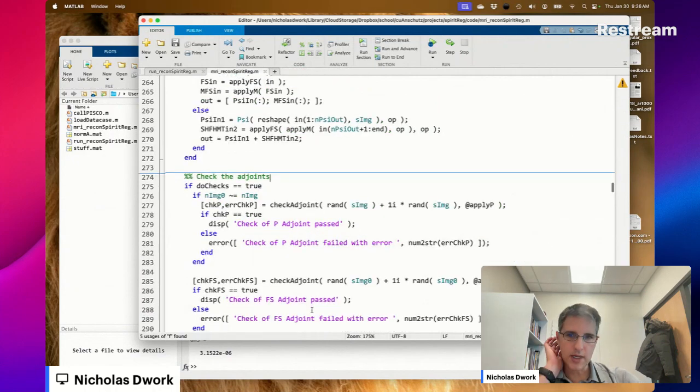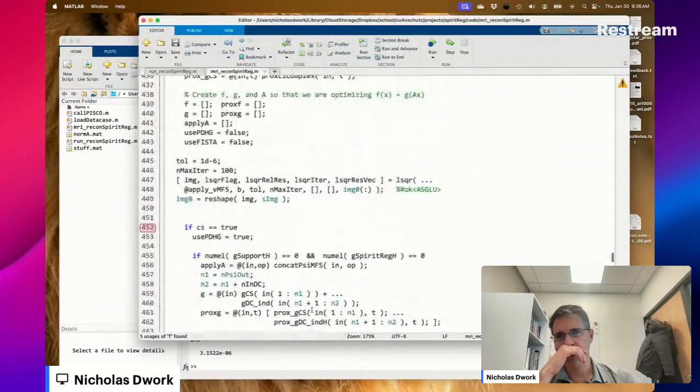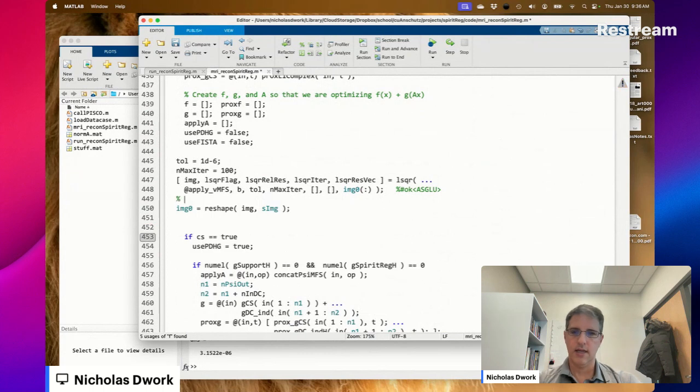So what's the issue? Well, let's go down to this image 0 here. This MFS is an overdetermined linear system. Compressed sensing is supposed to fill in what's underdetermined.